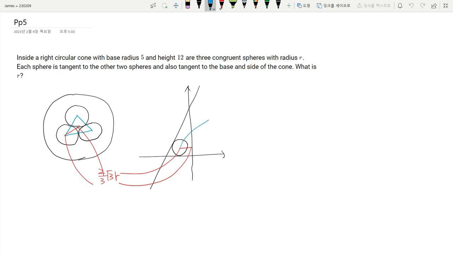So we can make the coordinate of one of the spheres in this coordinate plane, minus r and, no. So we can make the coordinate for the center of the little sphere.